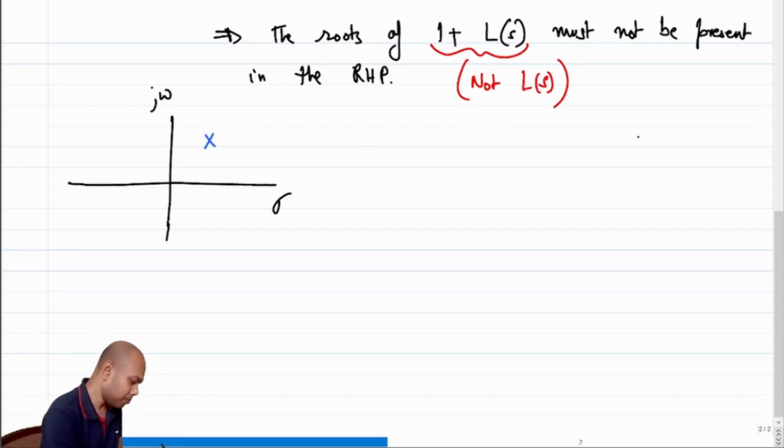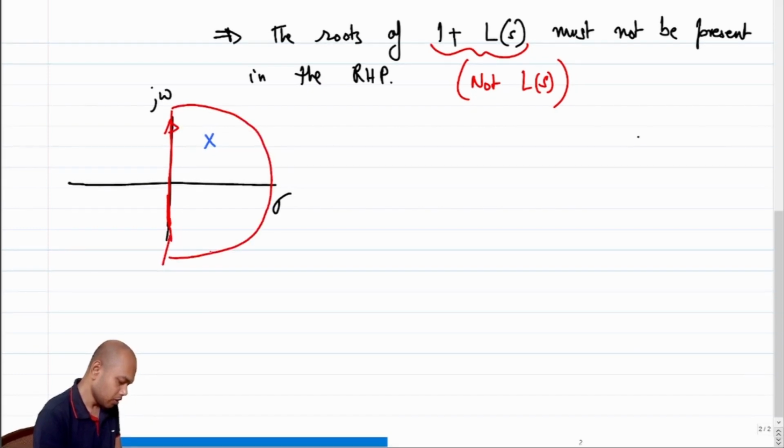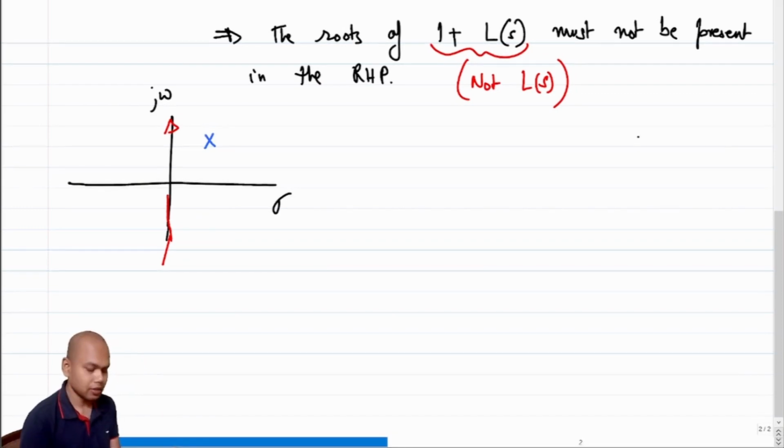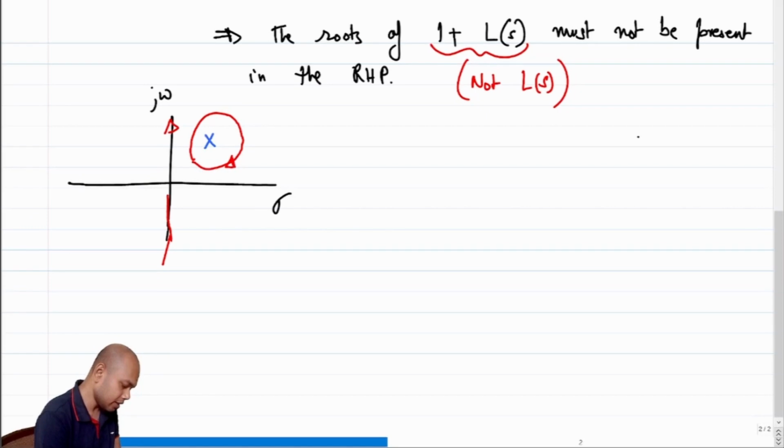Then if I draw a contour, or forget about the contour for the time being, all it says is that let's say a pole exists somewhere in the S plane, and I evaluate the transfer function for all values of S in a closed contour.